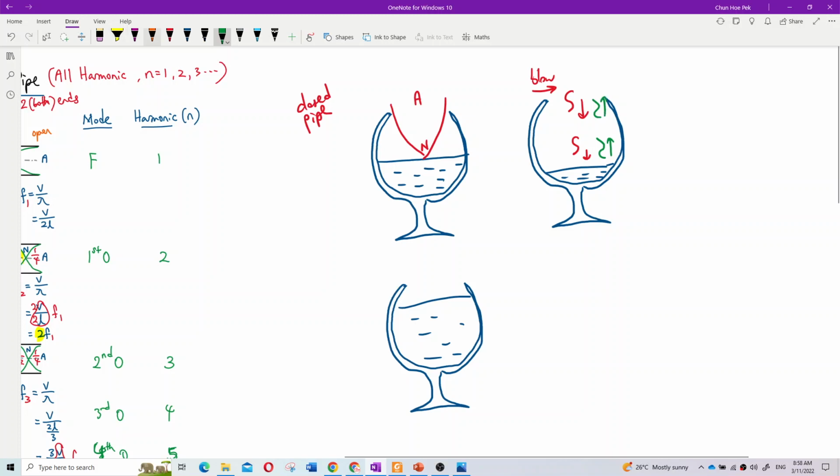So these two waves superpose and produce a standing wave.